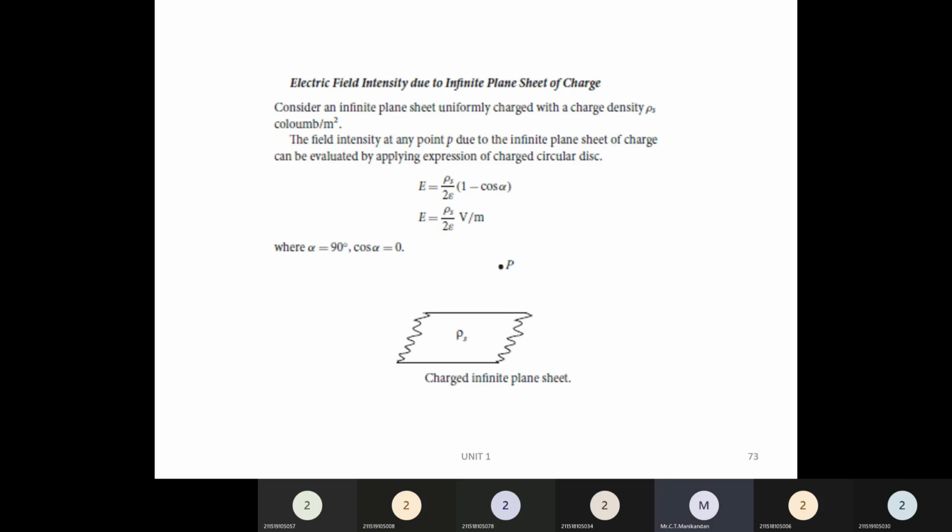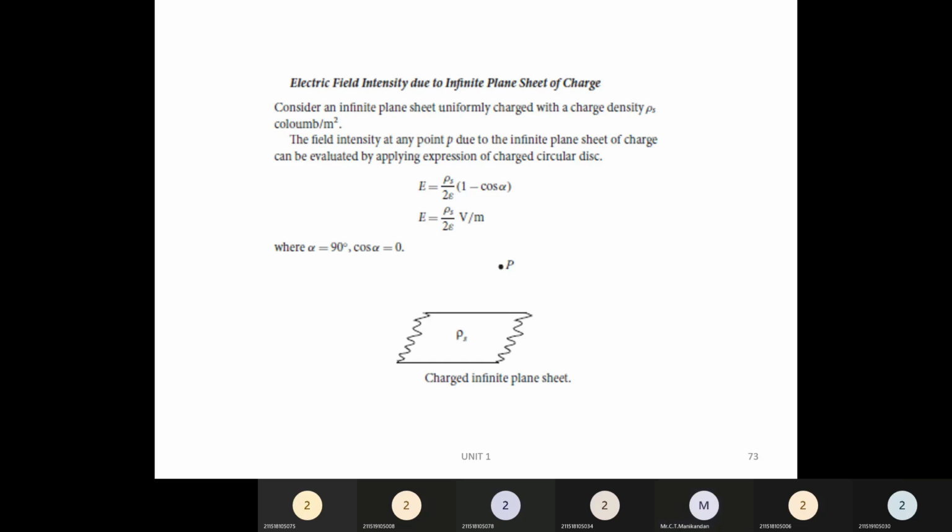Here alpha equals 90 degrees, so cos 90 equals 0. So you will get E equal to rho S by 2 epsilon into 1 minus 0, that is E equal to rho S by 2 epsilon volt per meter. So if you know the charge density of the infinite sheet, you can calculate the electric field intensity at that point.